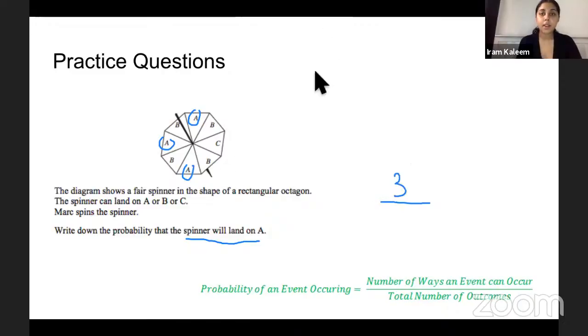And then we put the total number of outcomes at the bottom. So the total number of outcomes is 1, 2, 3, 4, 5, 6, 7, 8. So your answer is 3/8. That's the probability of landing on an A. So well done if you got that.